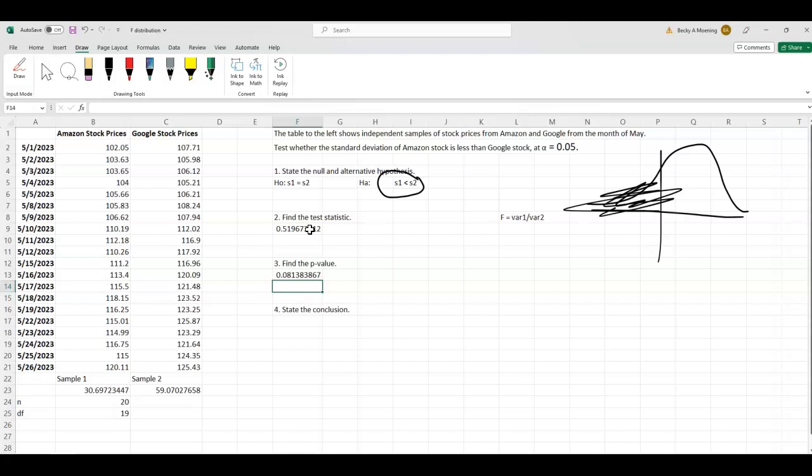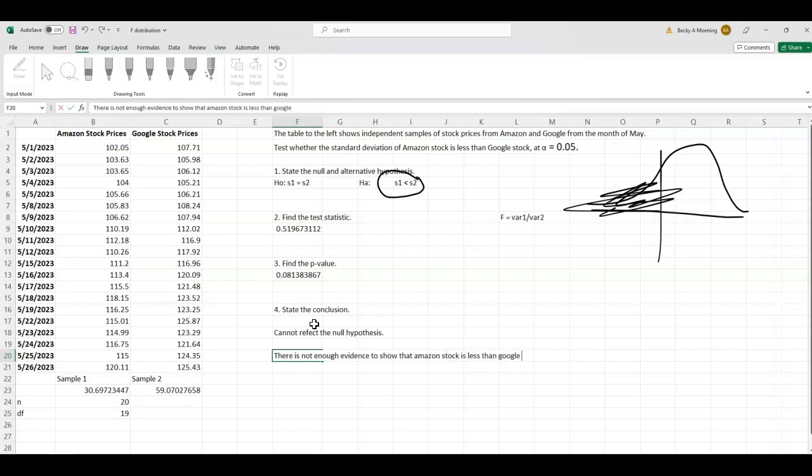So because the p-value is greater than alpha, I cannot reject the null hypothesis. That means there is not enough evidence to show that Amazon stock is less than Google stock. Not enough evidence to show that.